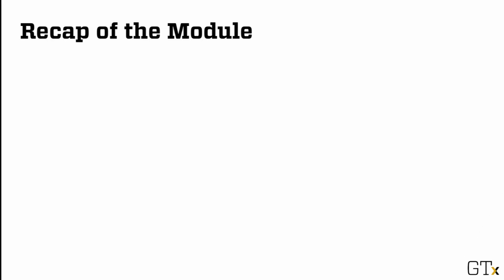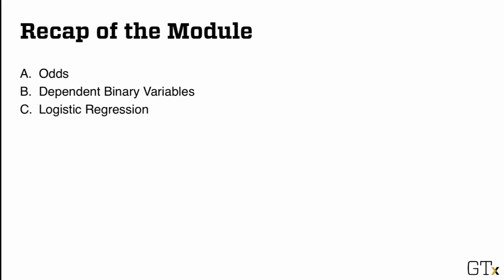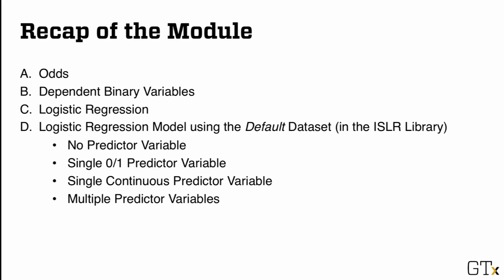So, this is a recap of what we have done in this module. We looked at odds and how they are defined. We looked at situations where you have dependent binary variables in business problems. Then we defined the logistic function and saw how it is used in logistic regression.